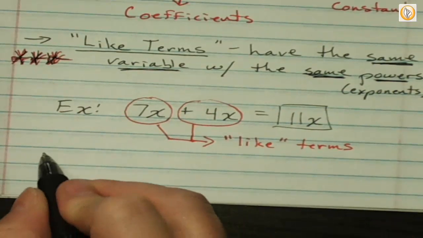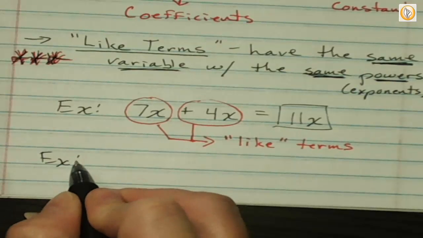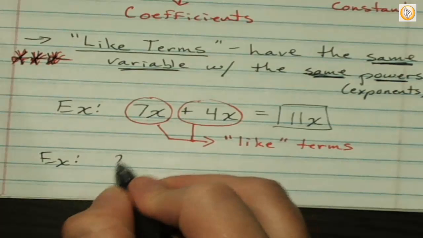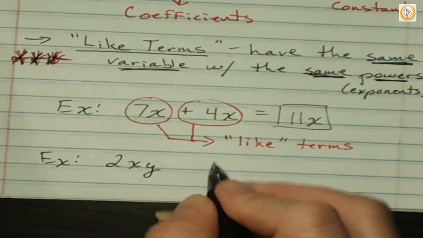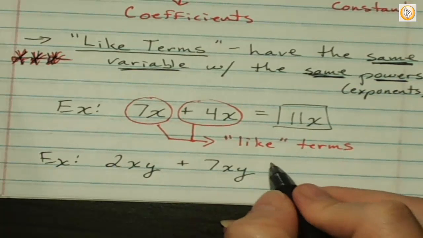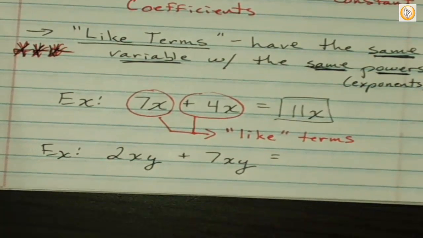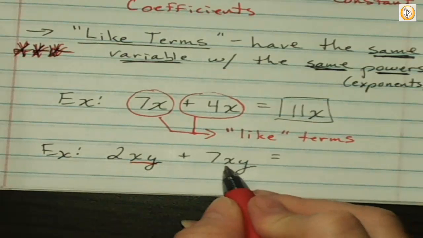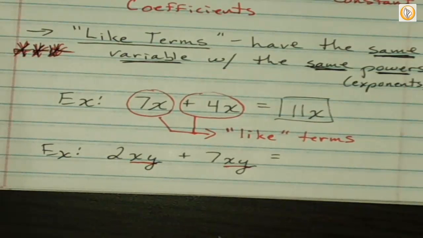Isn't something to the zeroth power equal to 1? Yep. Let's do another: 2xy plus 7xy. Are these like terms, Joseph? Yes, because this 2 has an xy and the 7 has an xy.